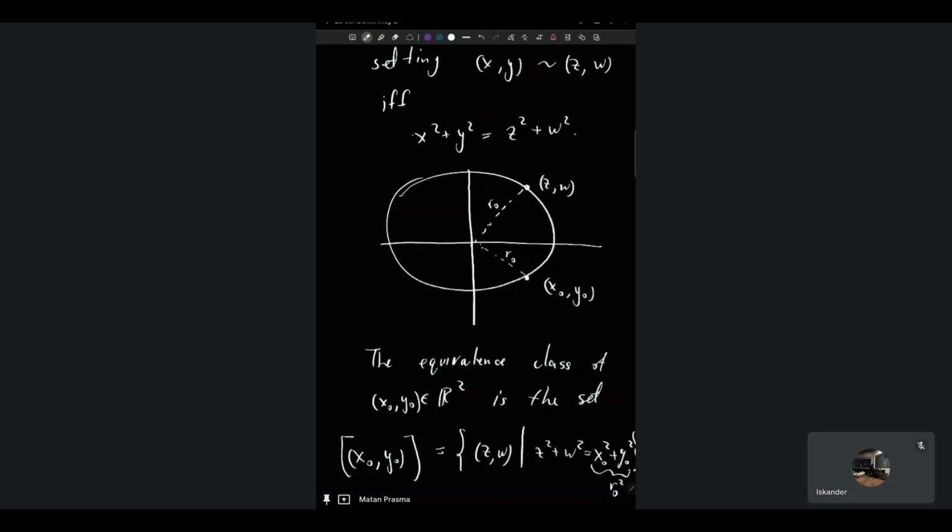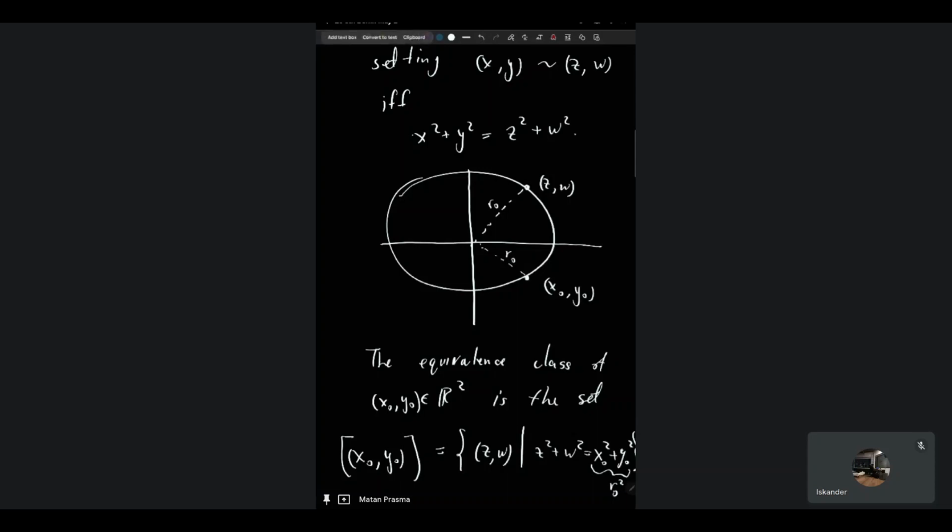So you see, the equivalence class of an element is all the elements that sit on a circle centered around the origin, passing through this element.